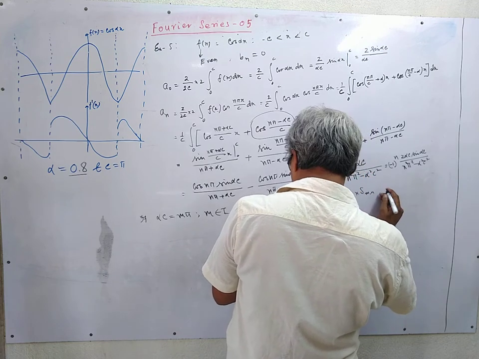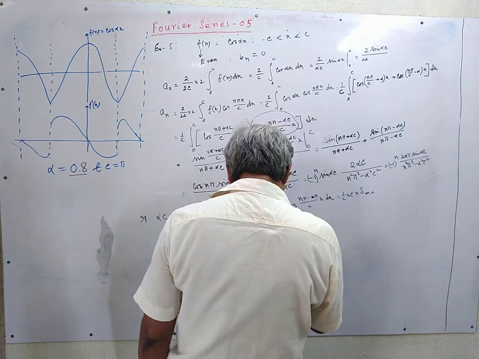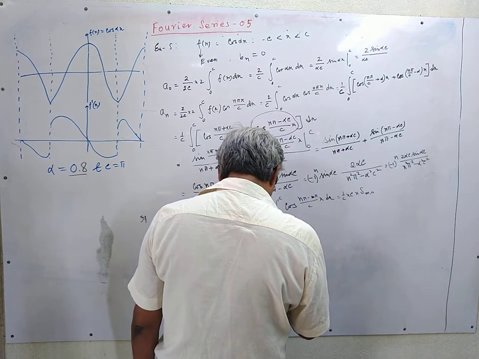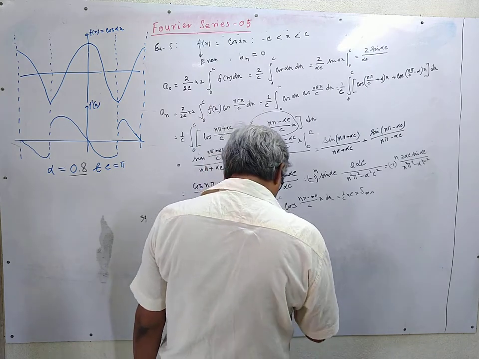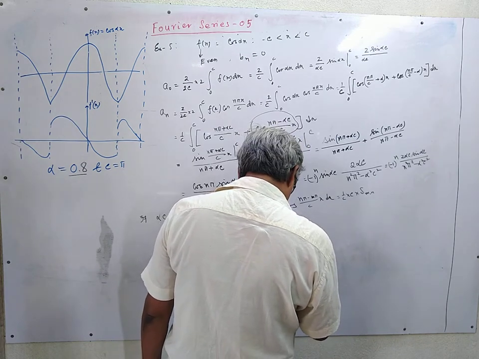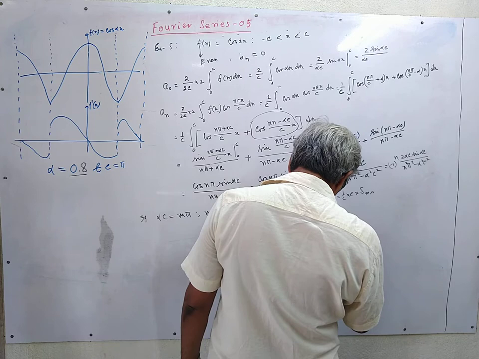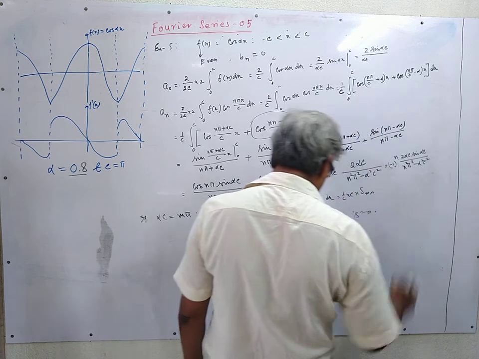So only the m part will survive, and in that case am is equal to 1, and all other an are equal to 0.